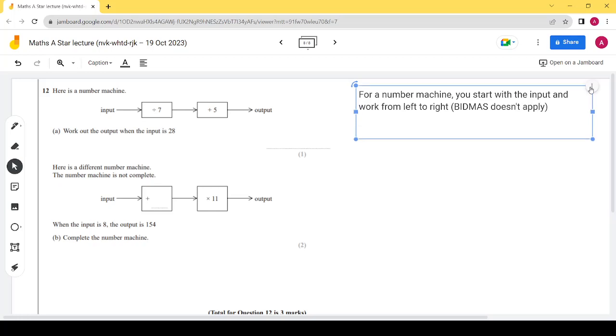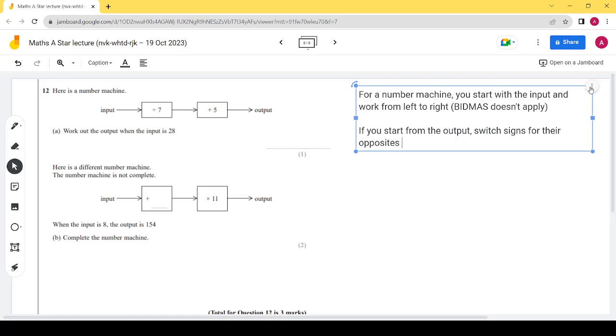And then the other thing, because I always give this tip: if you start from the output, switch signs for the opposites.